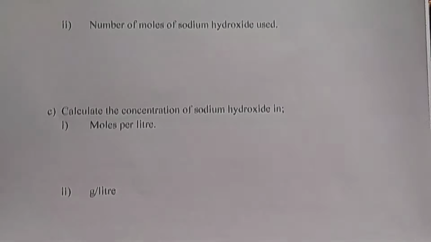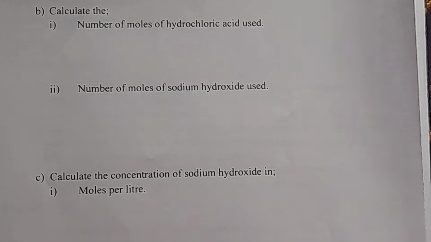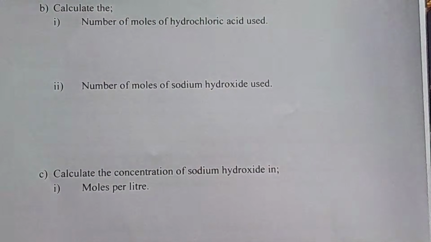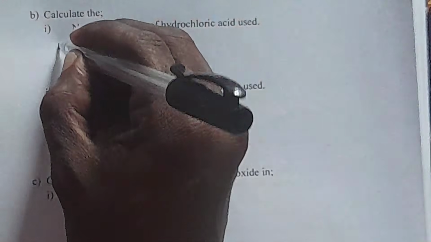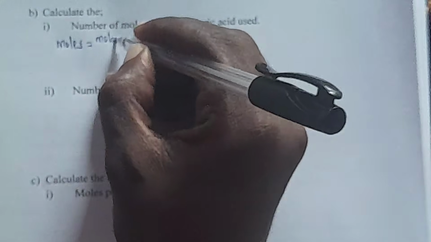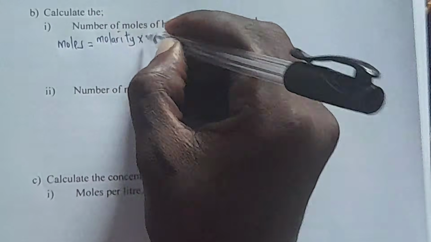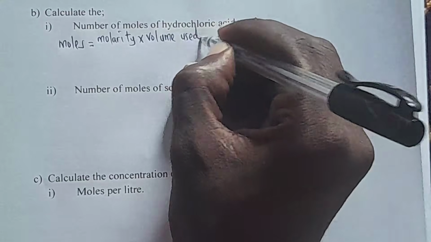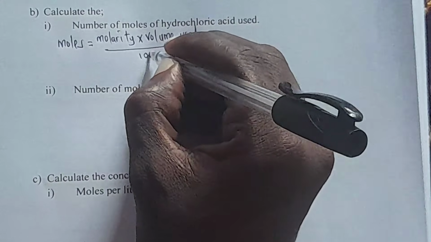We are told to calculate the number of moles of hydrochloric acid used. Remember, hydrochloric acid was the standard solution because we know its concentration. We are given 0.2. So what is the formula for calculating number of moles? Number of moles is equal to molarity times volume used over 1000.